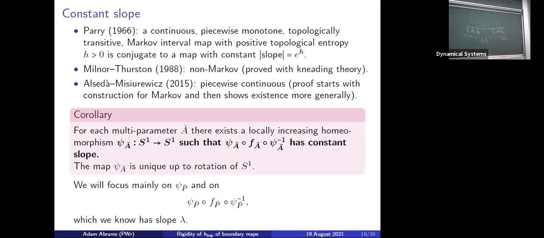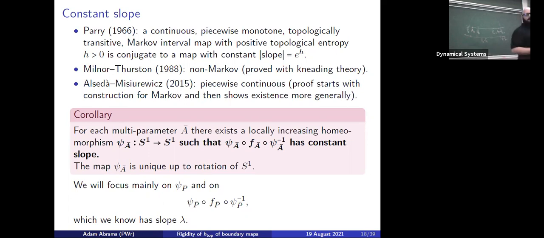It's going to be locally increasing. It's on the circle, so you can't really require it to be increasing or monotone, but it's locally monotone. And it's unique up to rotation of the circle. For the original results with interval maps, this conjugating homeomorphism is truly unique. In our case, it's unique up to rotation of the circle.